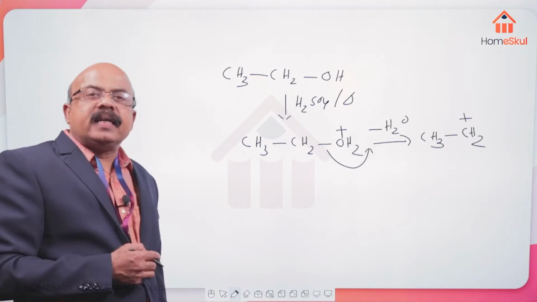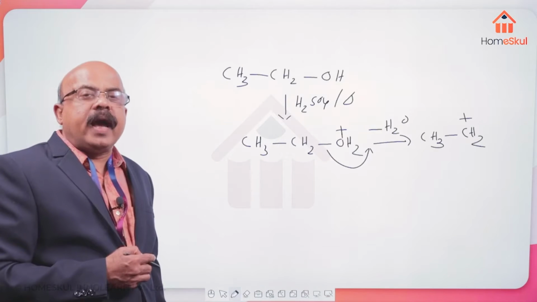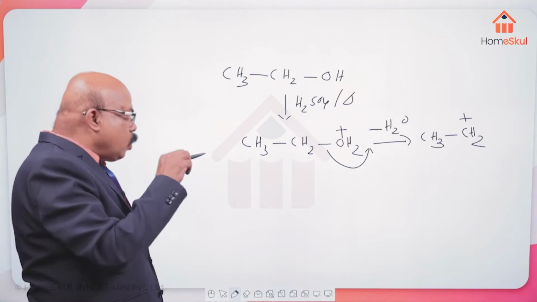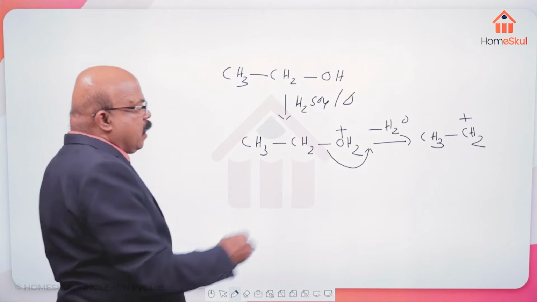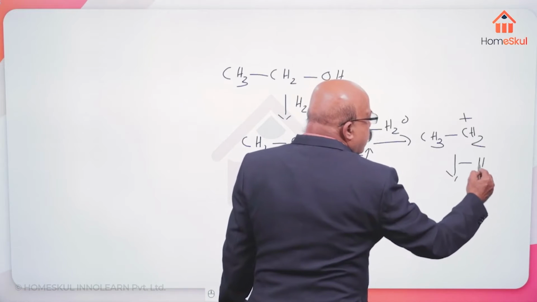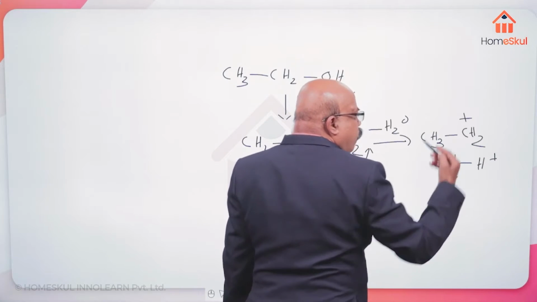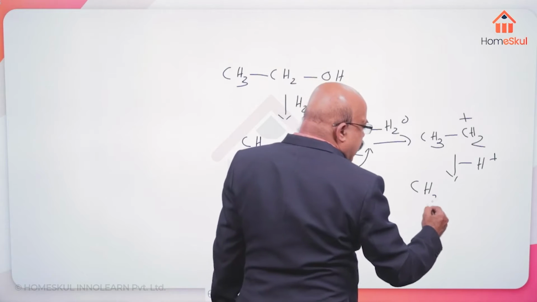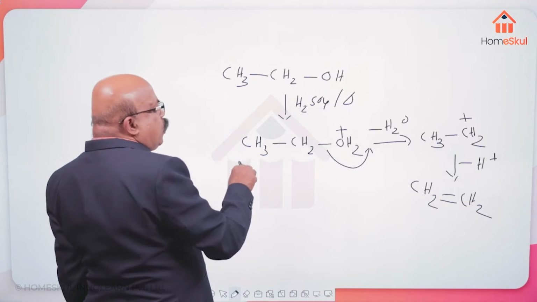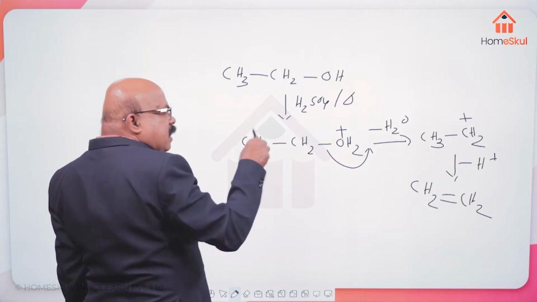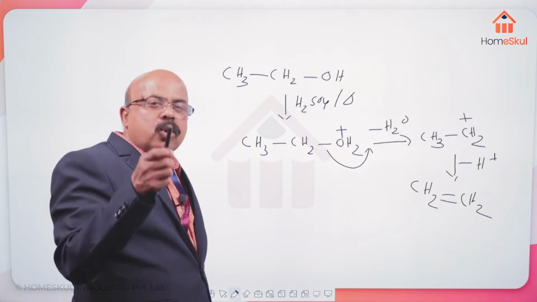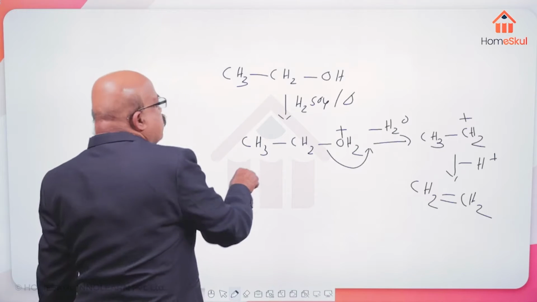The one that can give a primary carbocation undergoes this reaction at a slower rate. Here the carbocation is formed. This then eliminates H positive ion from its alpha carbon to get a double bonded molecule. The step giving the carbocation is the slowest step, that is the rate determining step.